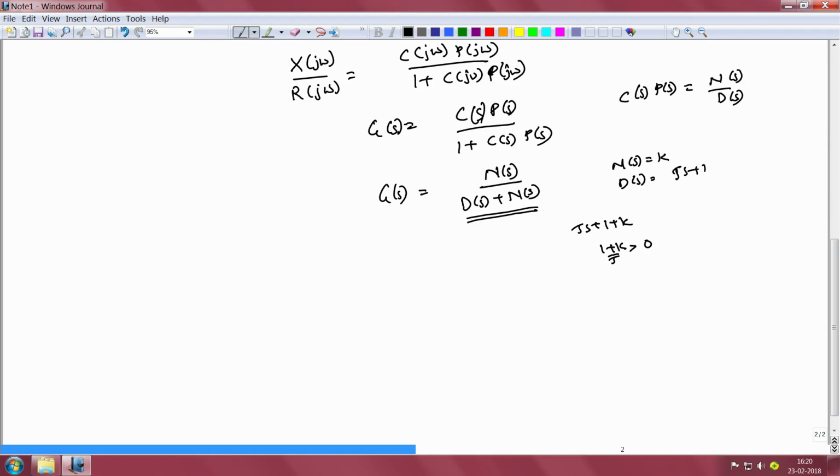One has to solve a quadratic equation, because in that case D(s) would be of the form s squared plus as plus b, and N(s) could be either a constant or some linear function of s, or at most a quadratic function of s, and therefore D(s) plus N(s) would be a quadratic polynomial, and one can still determine its roots by analytically solving this quadratic equation.